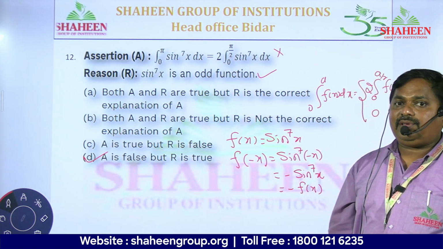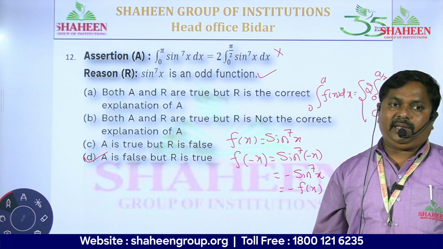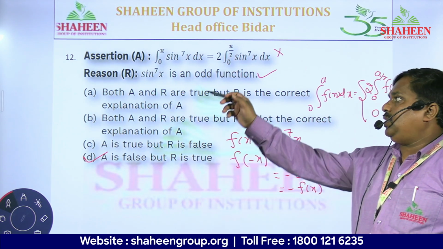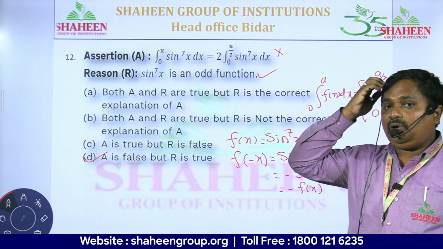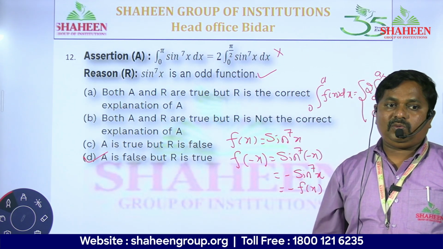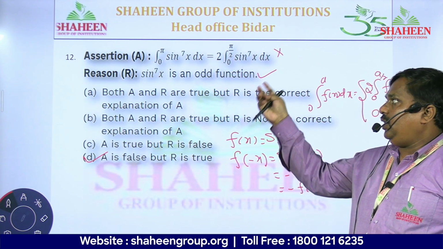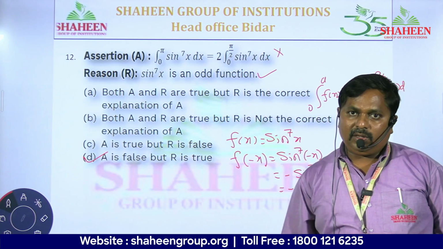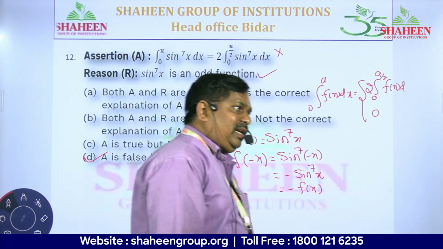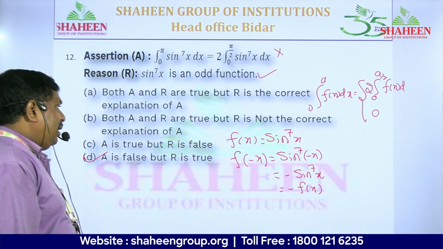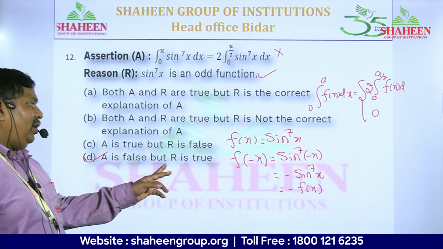Odd function means its answer should be 0, but the assertion says its value is 2 times 0 to pi by 2, which is wrong. So A is false, R is true.